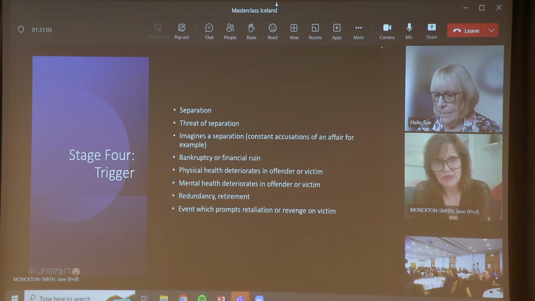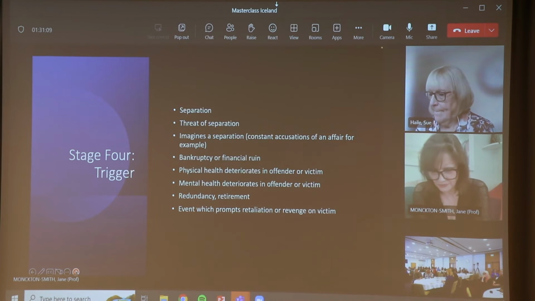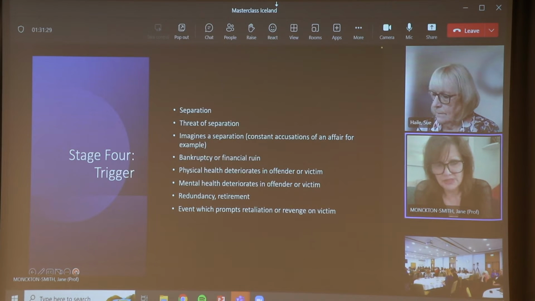So homicide in every context really is mainly perpetrated by men. So intimate partner homicides are a gendered phenomenon. That is not to say that women do not kill their intimate partners, because we know they do. They do it in much, much smaller numbers.